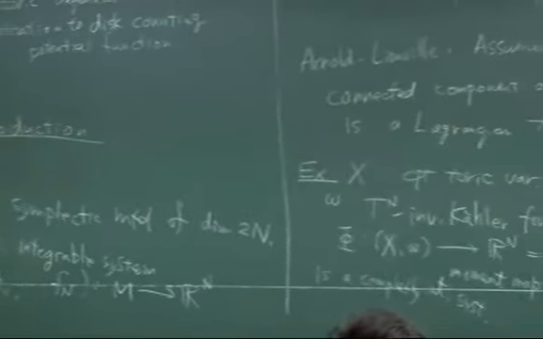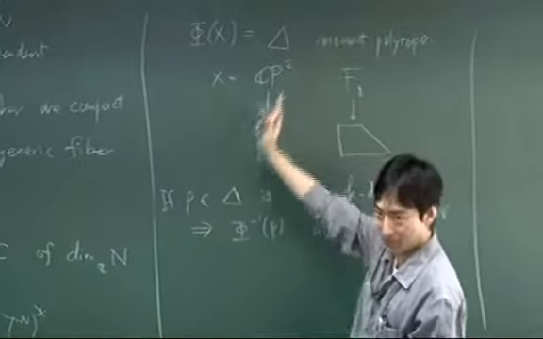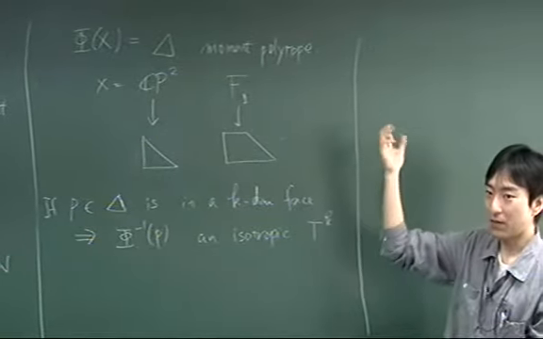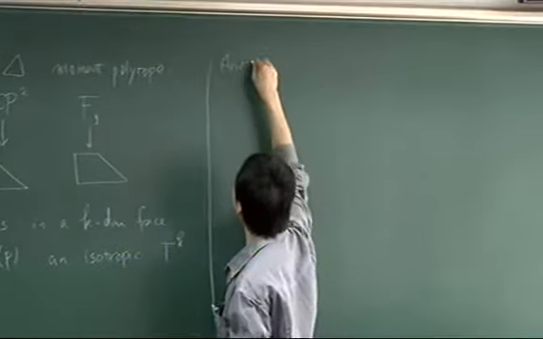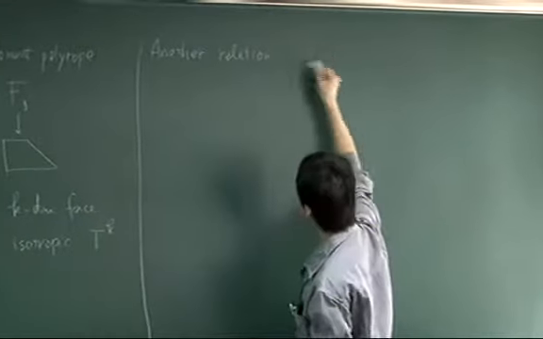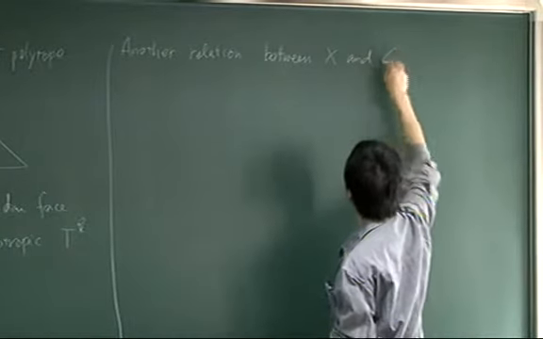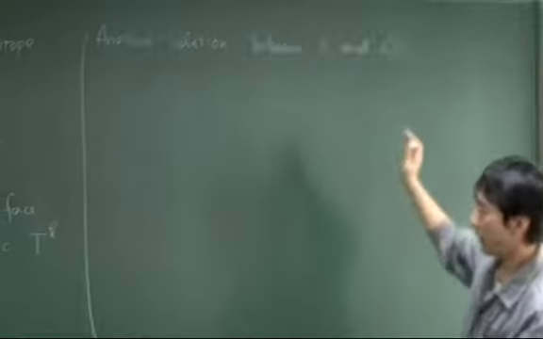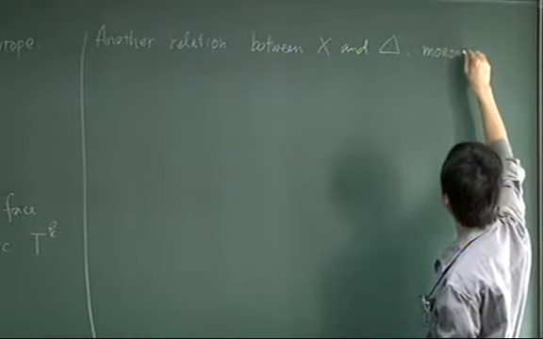So we see here that the toric variety is related to some polytope. This is a relation in symplectic geometry, and there is another relation between the toric variety and this polytope. This is a story in algebraic geometry. This is given by the so-called monomial basis.